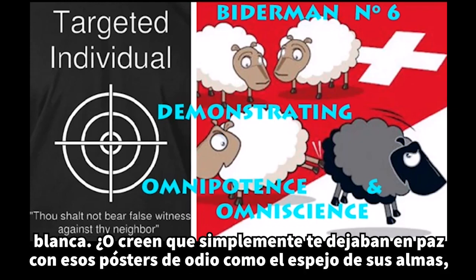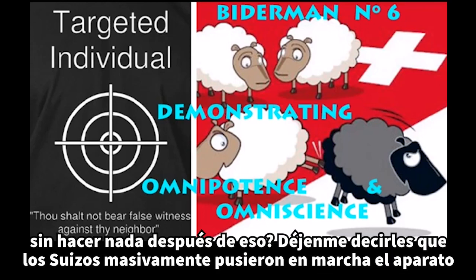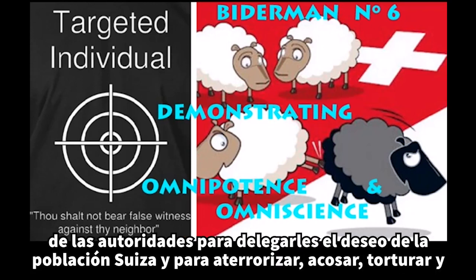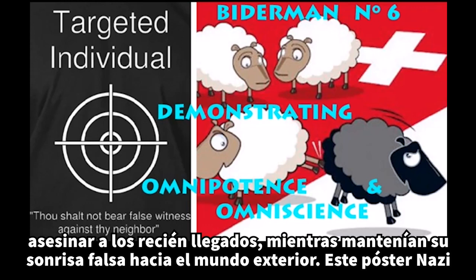Or do you think they simply let it be with just those hate posters as the mirror of their souls, without doing anything afterwards? Well, let me tell you, the Swissies massively set their authority apparatus into motion to delegate the desire of the Swiss population and to terrorize, mob, torture, and assassinate the newcomers, while maintaining that neutral smile to the outer world.